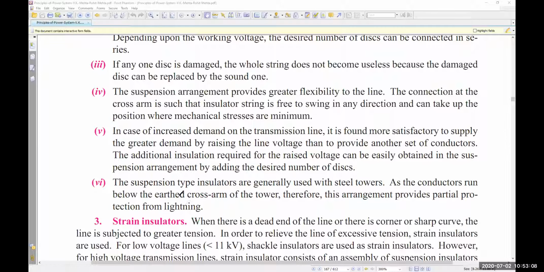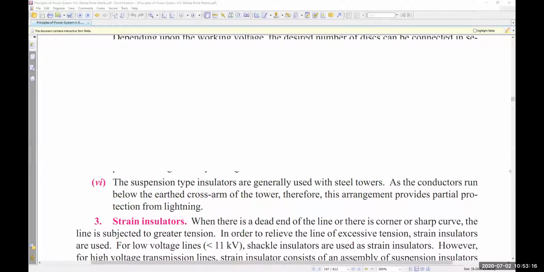Now, what do I mean by that? That is this thing. Okay, let me draw something. Now you have a tower. This is the tower, right?